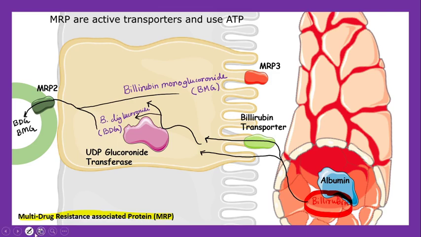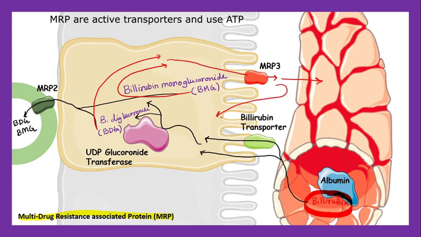Or what can happen to them? The BDG and the BMG can go to another protein known as MRP3, that is multi-drug resistance associated protein 3, and can get secreted into the extracellular matrix and can get inside the sinusoid, or can get reuptaken by the hepatocyte.